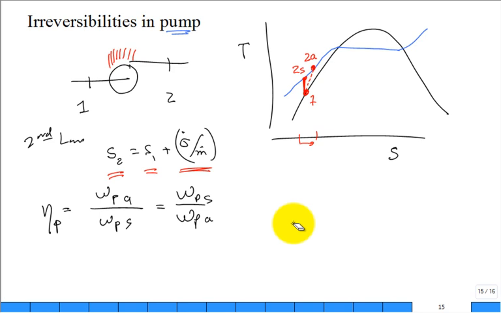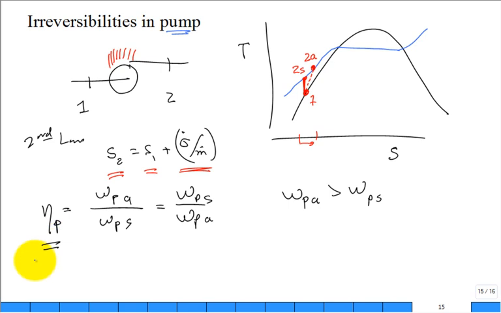Let's do this. The work of the pump isentropic, will that be less than or greater than the work of the pump actual? The work of the pump actual is greater than the work of the pump if it was a frictionless, perfectly beautiful pump, like reversible. So, what you want is an efficiency that's less than 100%.